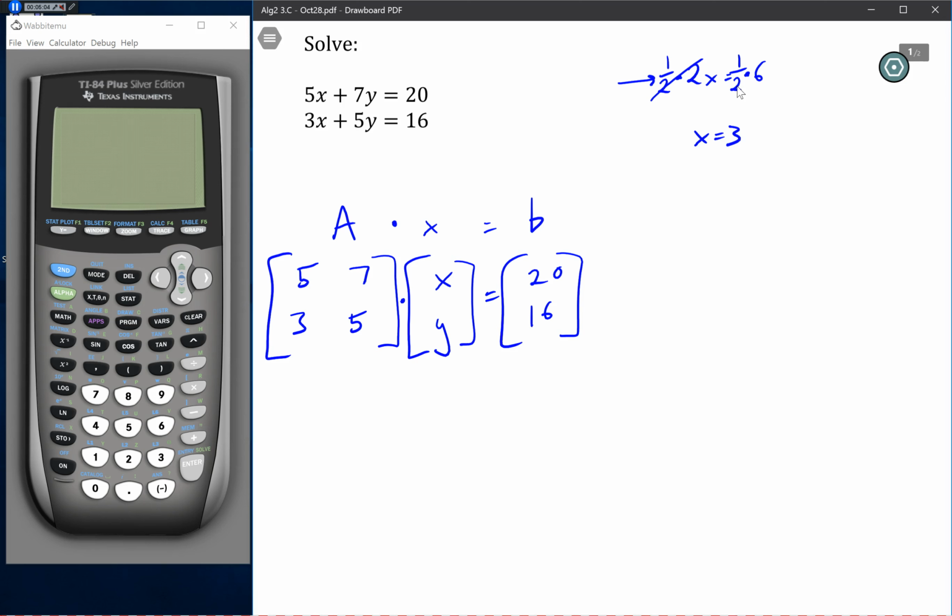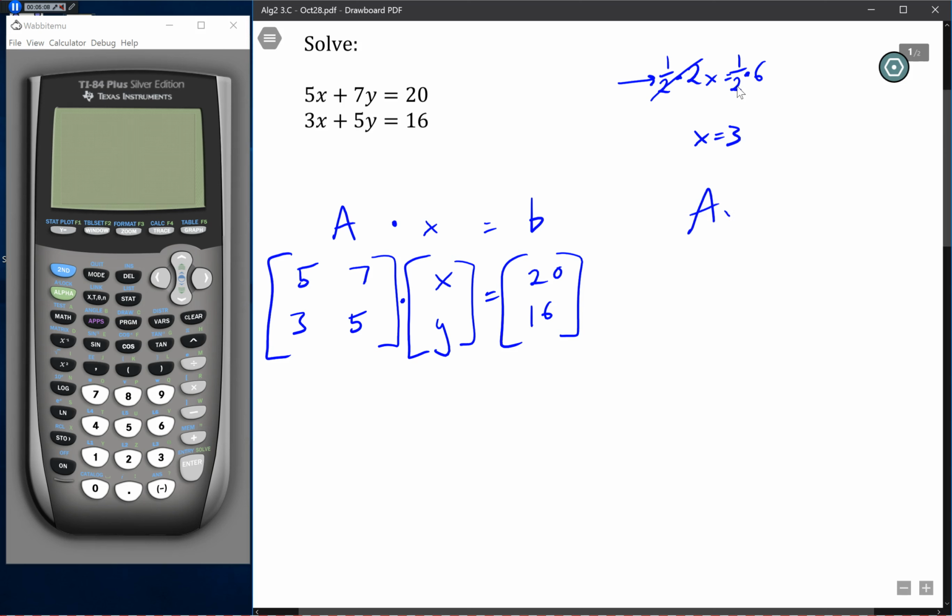Since I know how to do matrix multiplication but not matrix division, I have my matrix equation. If I multiply by the inverse of A, which is written like this, on both sides, it will cancel and I'll be left with just X. And this is matrix multiplication over here, which I know that I can do.